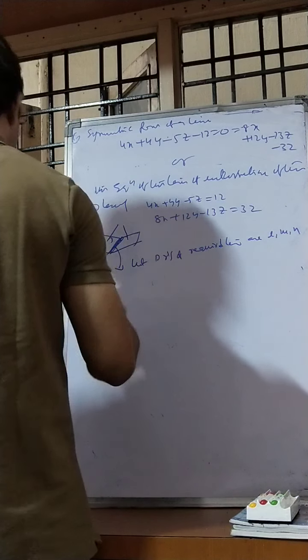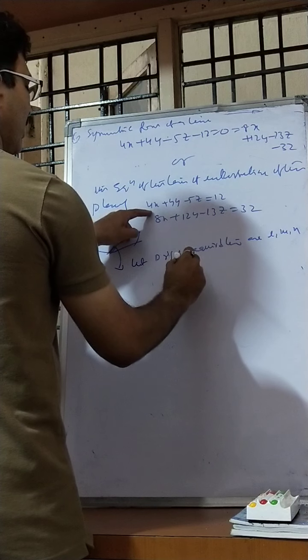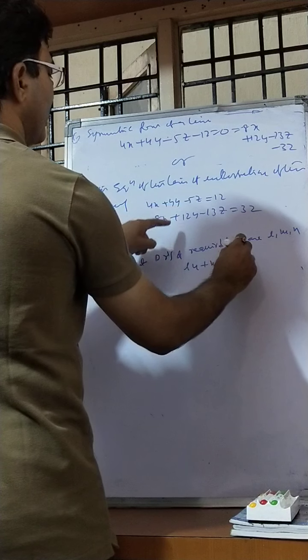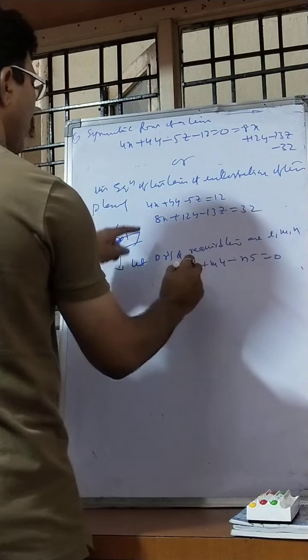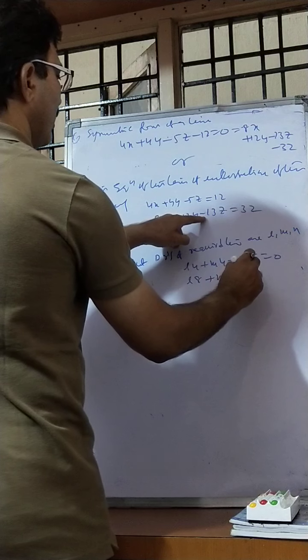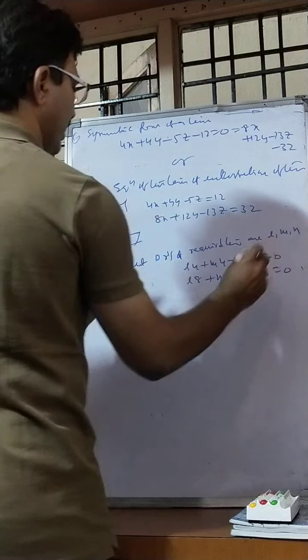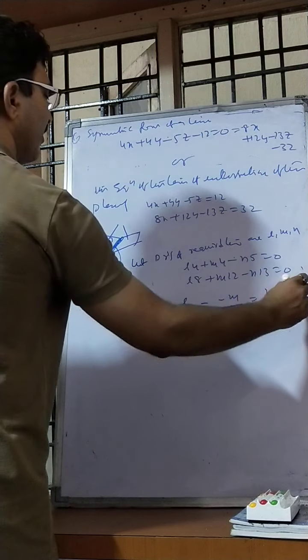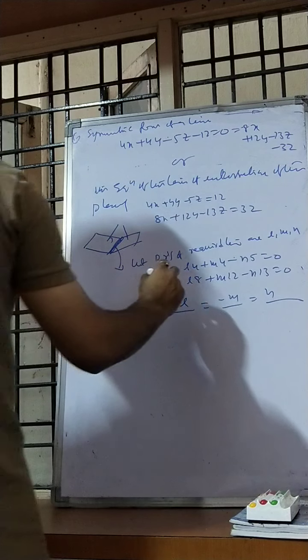So we will get 4l plus 4m minus 5n is equal to 0, and another one, 8l plus 12m minus 13n is equal to 0. Now you will get l divided by, m divided by, n divided by, like this.